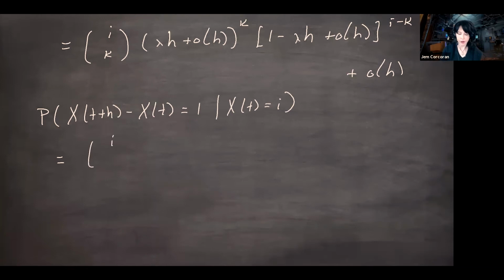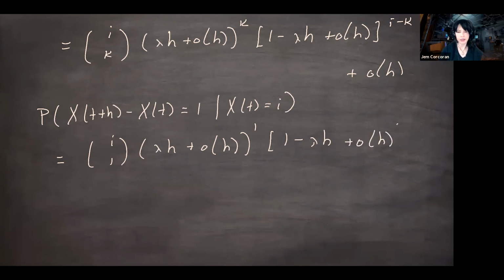So out of I people, we have to choose 1 to give birth. Any 1 gives birth with probability lambda h plus little o of h. So we get that to the 1. We get the remaining probability. And yes, it's not minus little o of h. That's just how the notation is. It's just wrapping up the extra stuff. Although technically you could write minus little o of h to the I minus 1 plus little o of h.